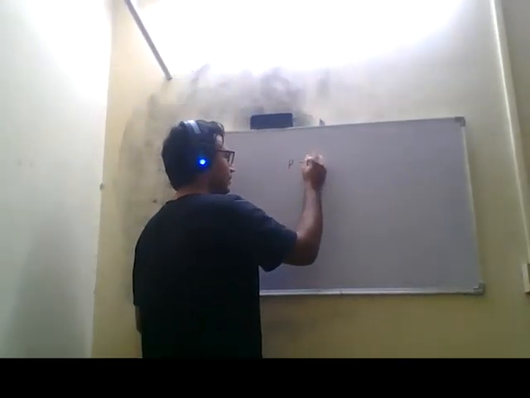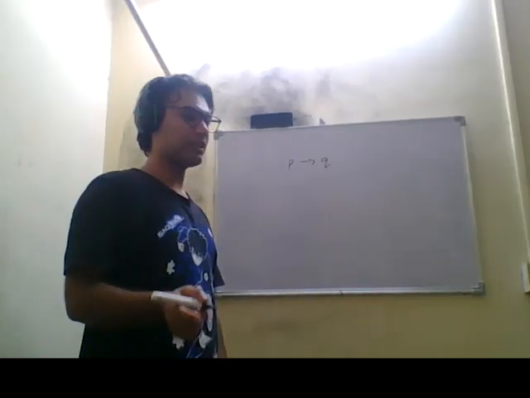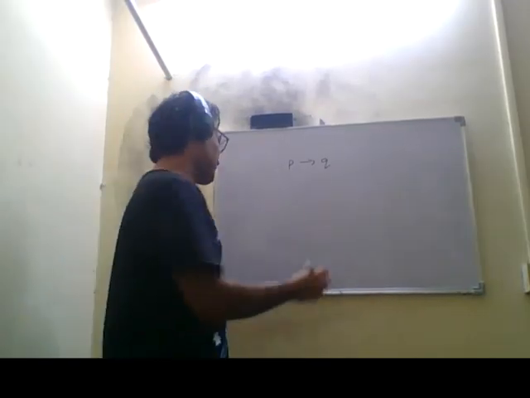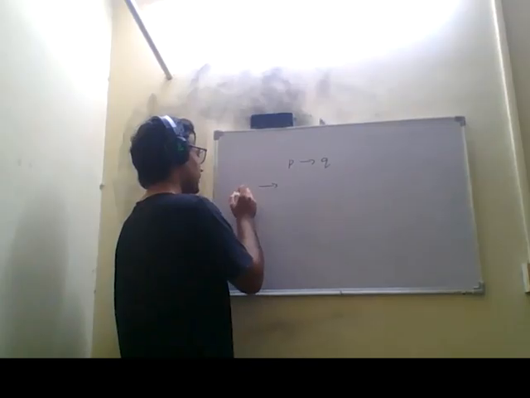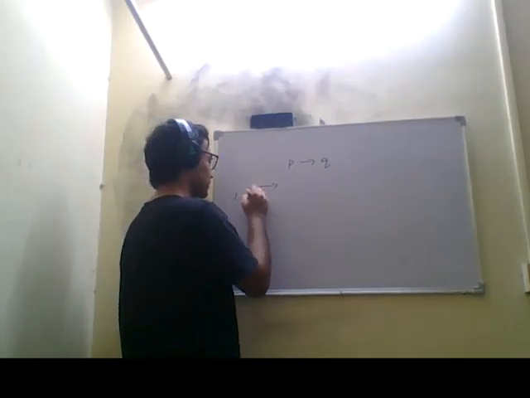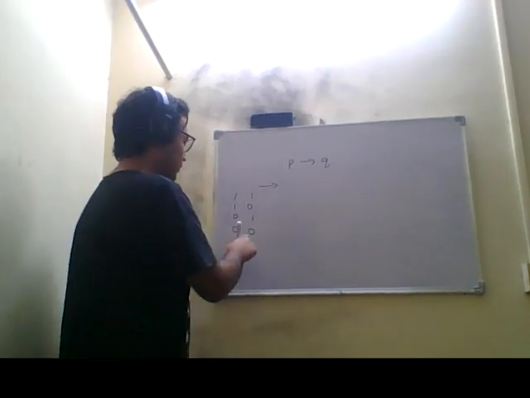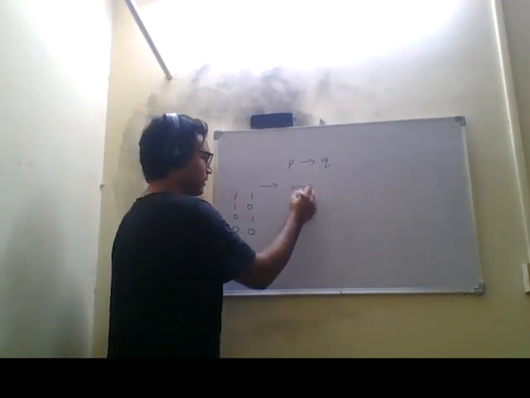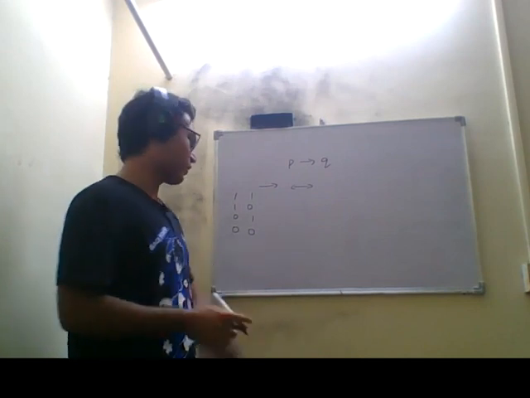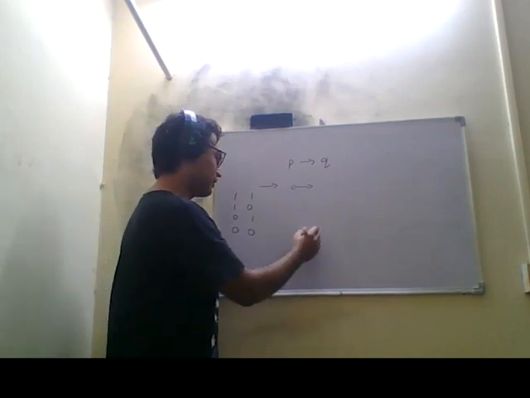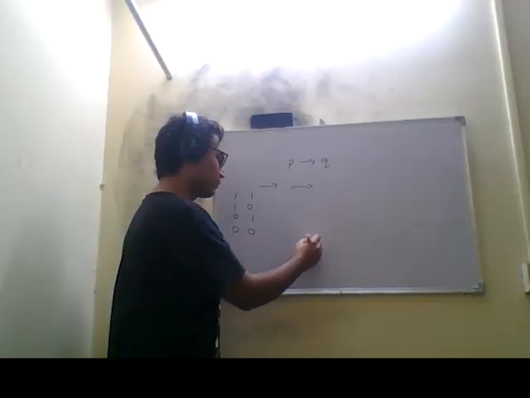Contrapositive and converse should be fine. Accuracy true. So basically with P implies Q, there are two possible truth tables. One is 1 1 1 0 0 1 0 0. So there are two tables, right? That's what it's talking about basically, and this one is also true, right?